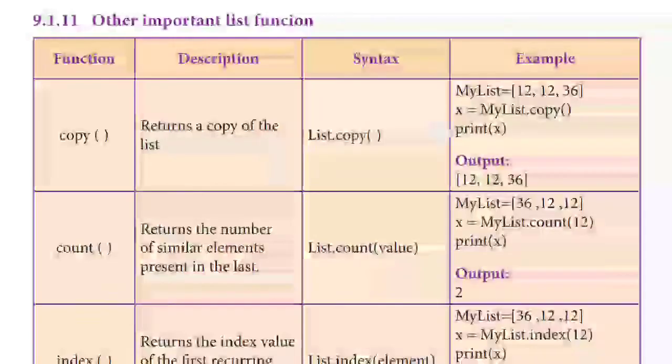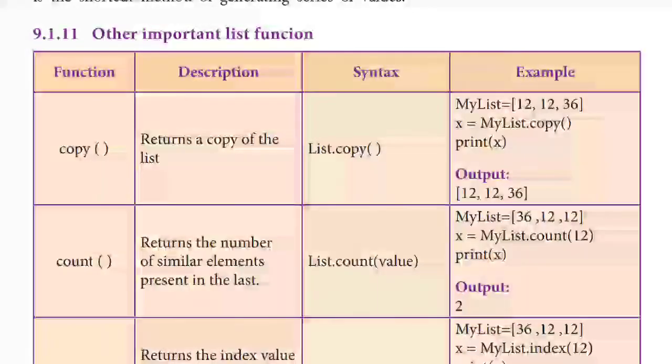So this copy function, copy with open and close brackets, will return the copy of the list. The same copy of the list can be used somewhere else just by using this function.